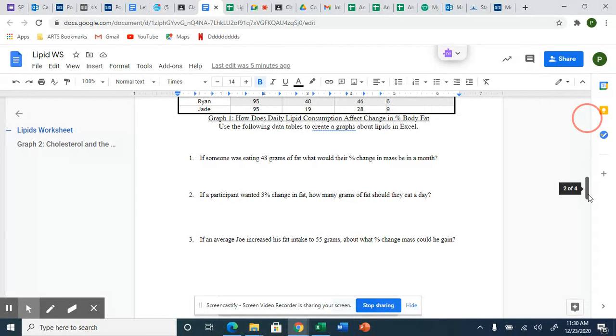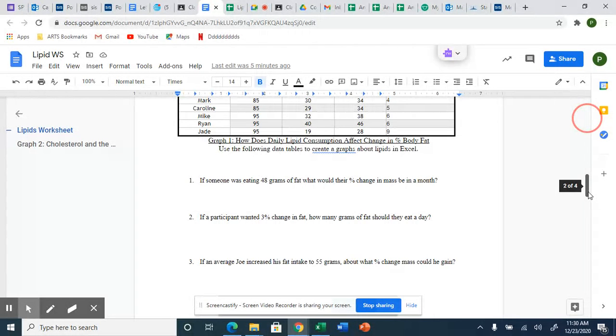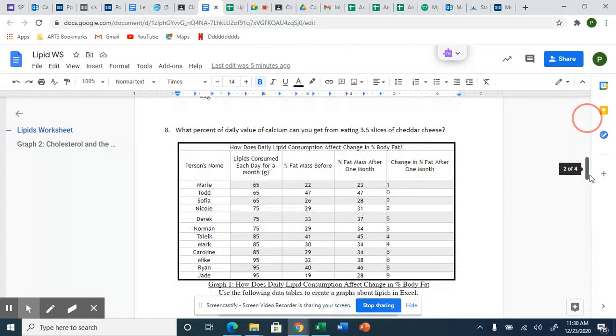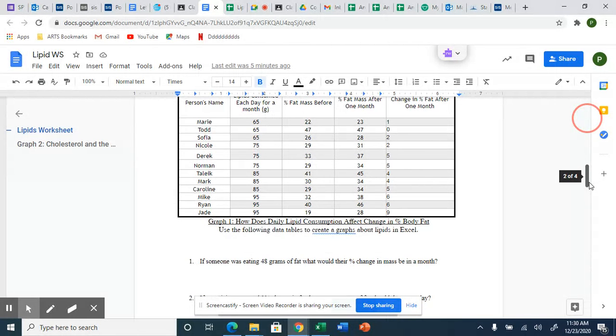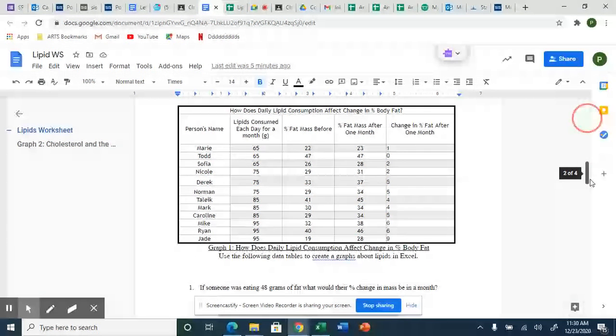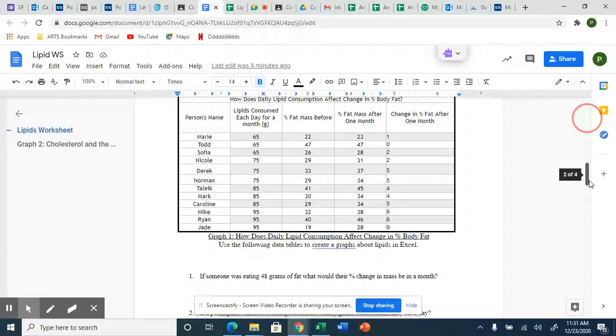All right. If someone was eating 48 grams of fat, what would their percentage change in mass be in a month? Oh, that's a math problem.